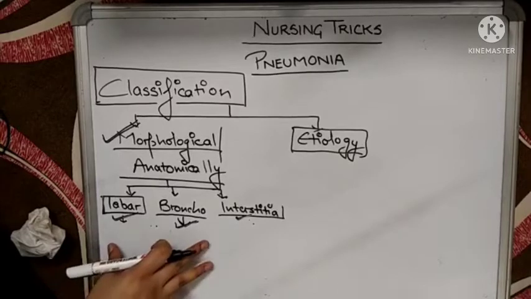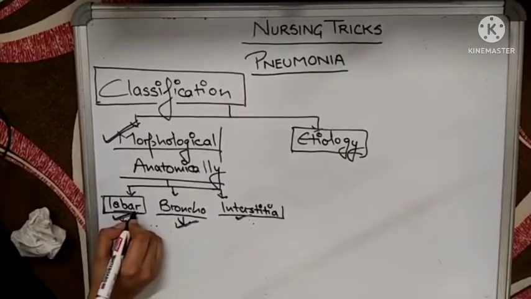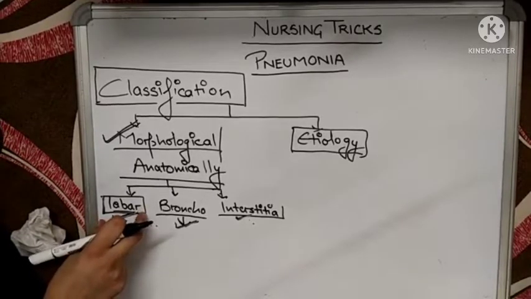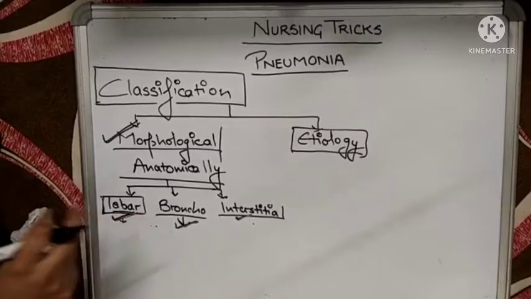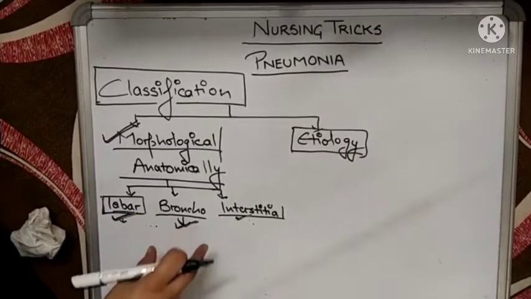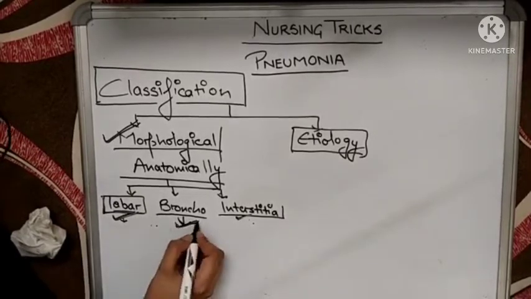And if you have to write, let me say what you will write. In the lobar pneumonia you will write: all or a large segment of the lungs is involved. In the bronchopneumonia, it begins in the terminal bronchioles, which become clogged with the mucopurulent exudate.